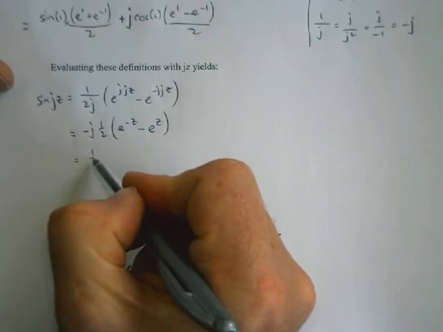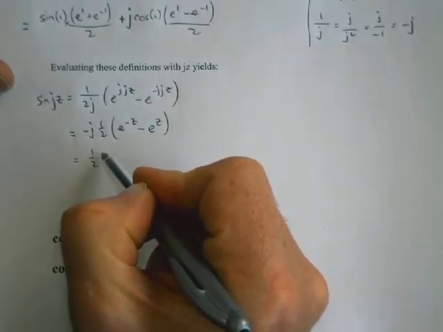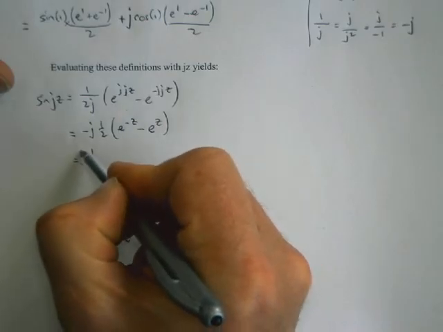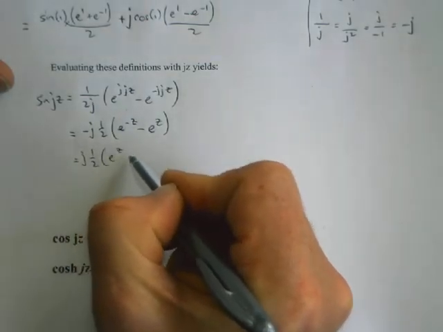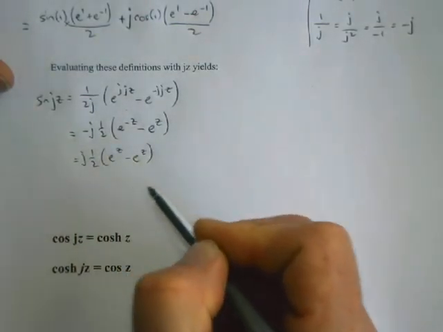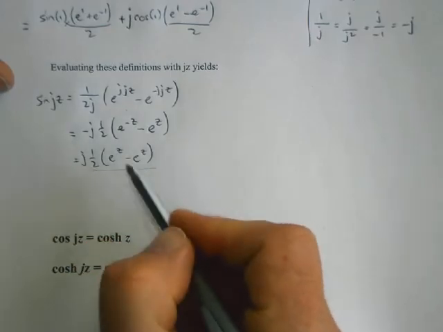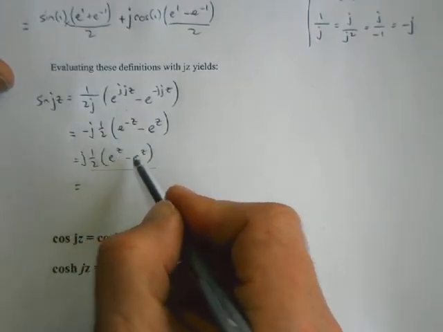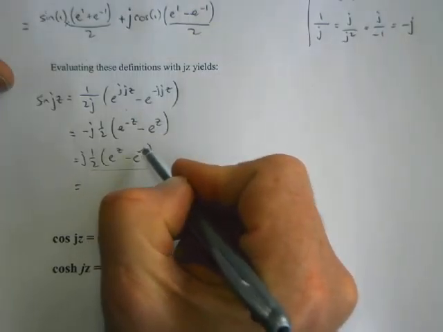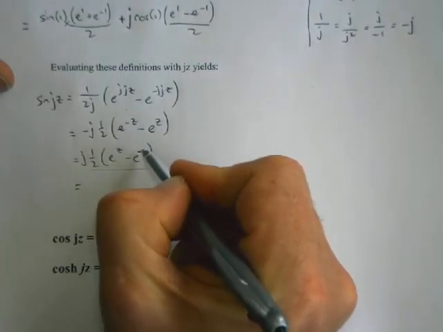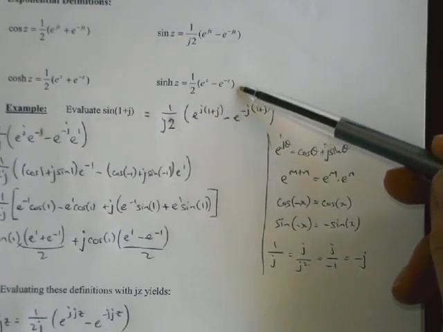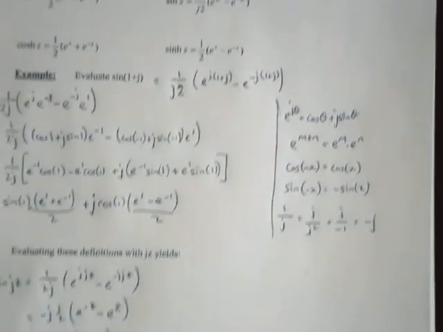So we end up with that, which is the same as 1 half of, put the j there, so j is taking this negative through it, turns them around, so e to the z minus e to the minus z. And this piece here is from the definition at the top, so half e to the z minus e to the minus z, I've dropped that minus going from there, is exactly that there.